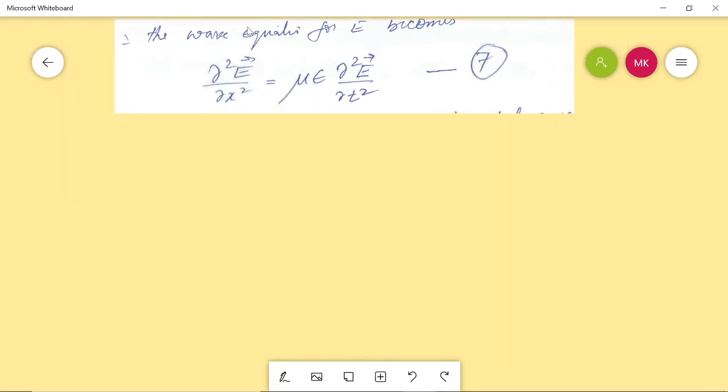What do you think will be the solution for E? Let me write one function.